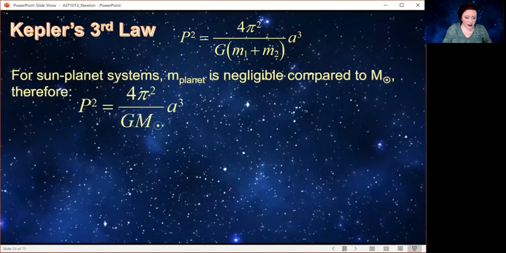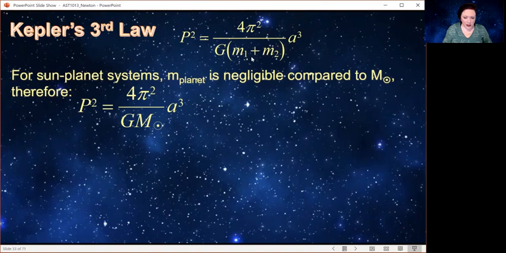But for planets, the mass of the planet is negligible compared to the mass of the sun. This M with a little circle with a dot in it is the symbol for the sun, and so this is the mass of the sun. So I can basically say, okay, M1 plus M2 is basically the same as just M1.